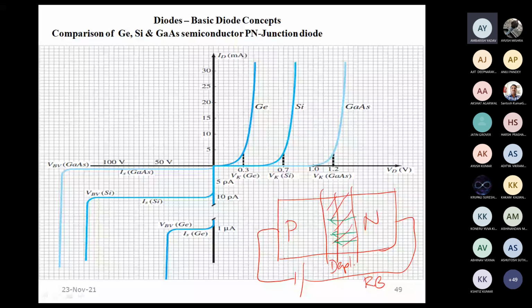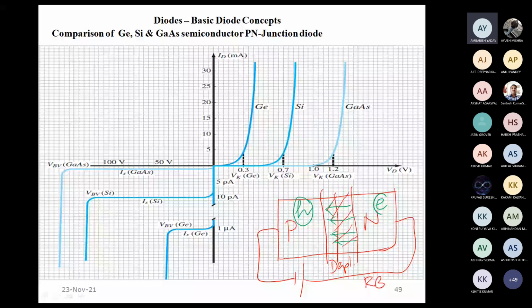So now in this situation, we have already seen that the holes of the P side will remain in the P side, and the electrons of the N side will remain in the N side.